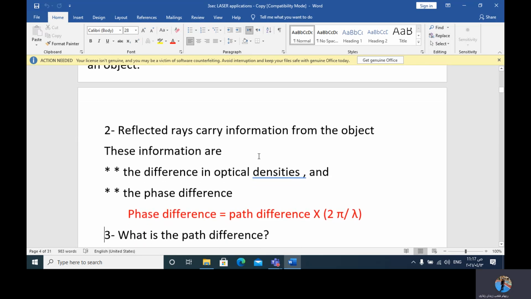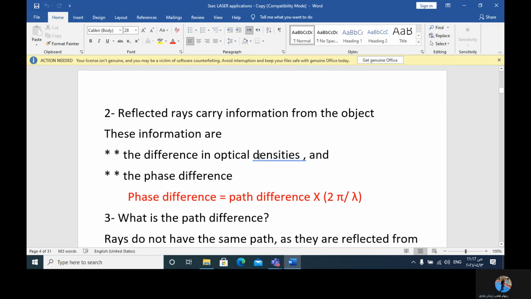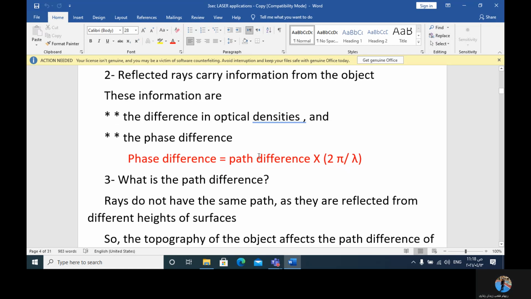So the reflected rays carry information from the object, and this information is of 2 kinds. Any reflected rays carry information from the object they reflect from. This information is the difference in optical densities and the phase difference.